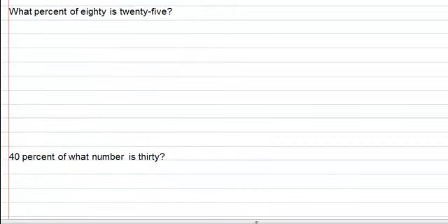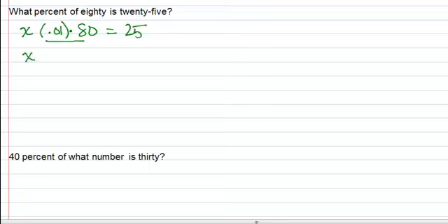I'm going to do just a couple more so you can see variations on the theme. The first 2 were pretty much standard, nothing too exciting, but this first one here on this new set says what percent, so what is x? Percent, again, 0.01, of means times 80, is equal to 25. So we do x, and then we multiply these, so we get 0.8x.